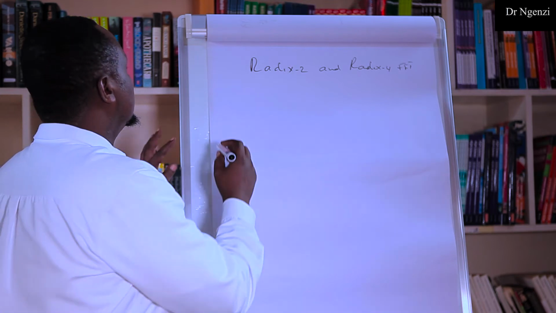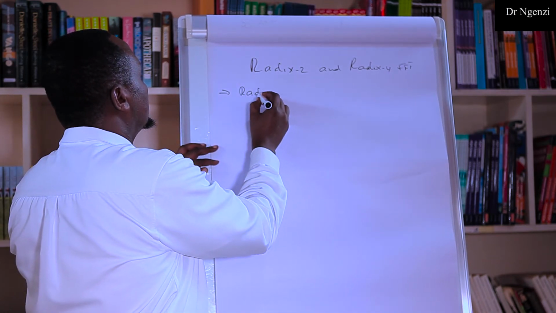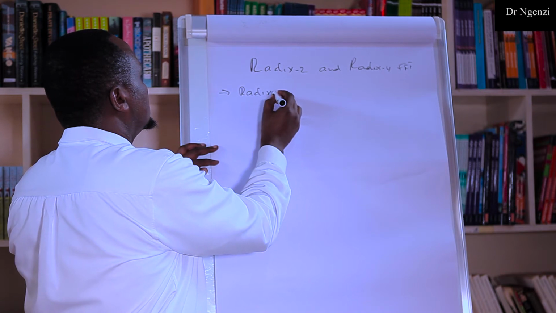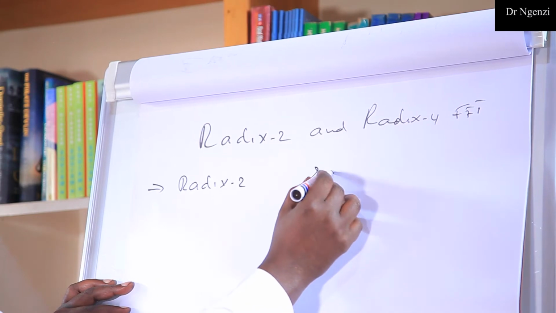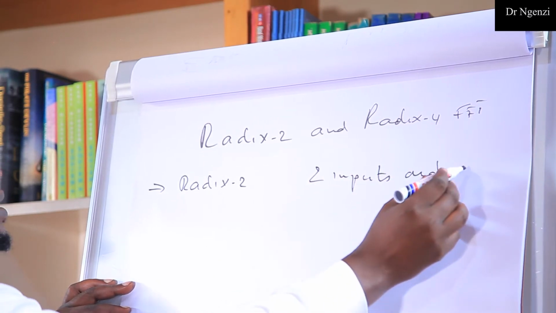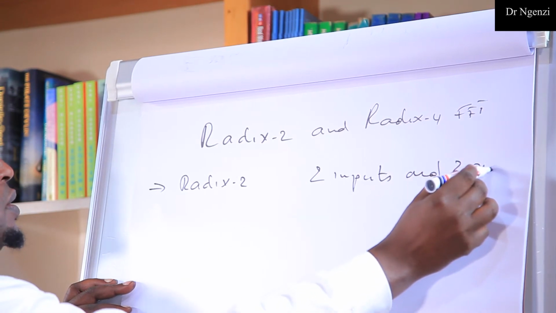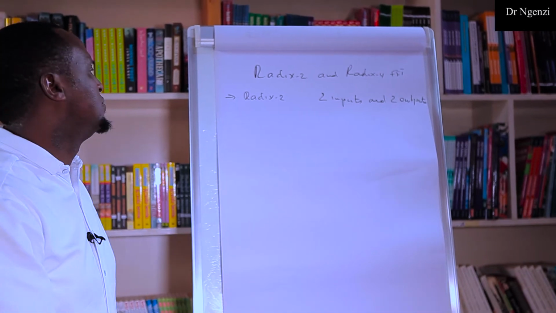We said that RADIX-2 is where we have 2 inputs and 2 outputs of N-point DFT.